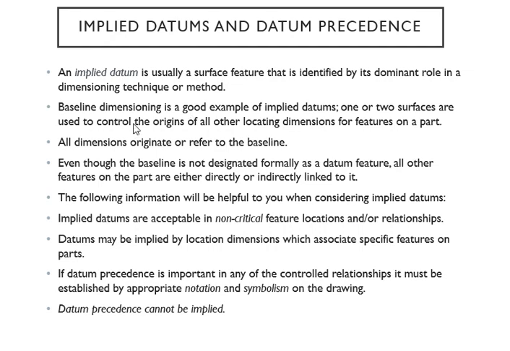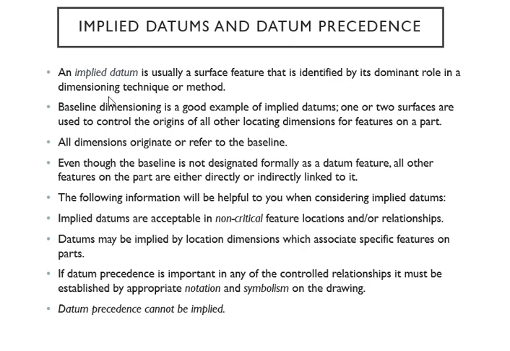So implied datum is nothing, it's just a surface feature, and we can identify it by its dominant row. What kind of row is just a dimensioning technique or method. And you all know that we use a datum to measure.